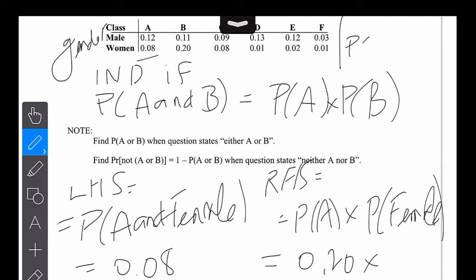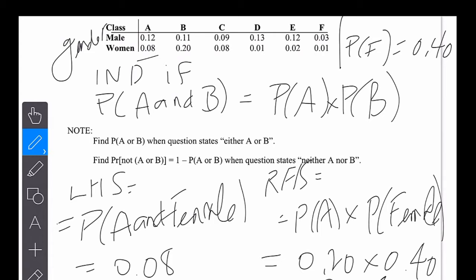You can calculate the probability of being female from here, summing all of those, and that's going to be 28, 36, 37, 38, 39, 40, right? So this is going to be 40%. So that's what I put here, 0.40. So the answer is the same.